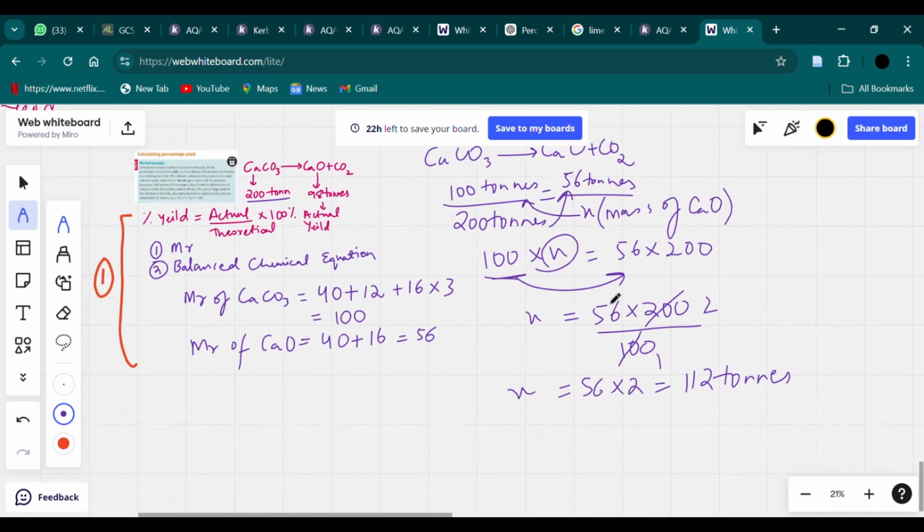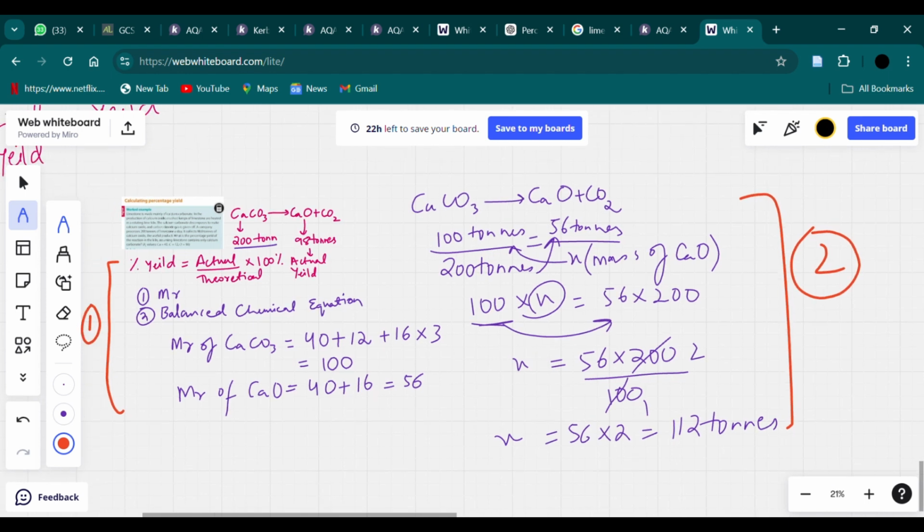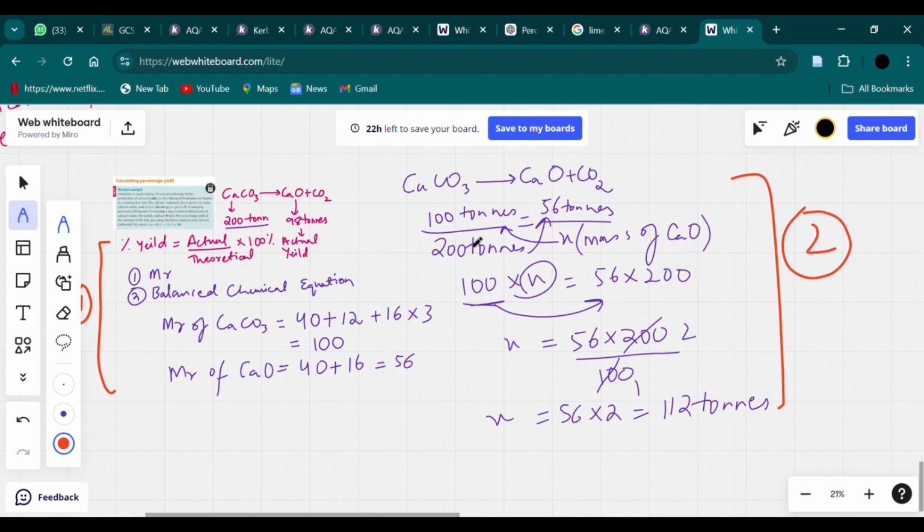So this is the second step of finding out the theoretical yield here. If we have 100 tons of the calcium carbonate and it produces 56 tons of the calcium oxide, then how much of the calcium oxide would be produced if we have 200 tons of the calcium carbonate?